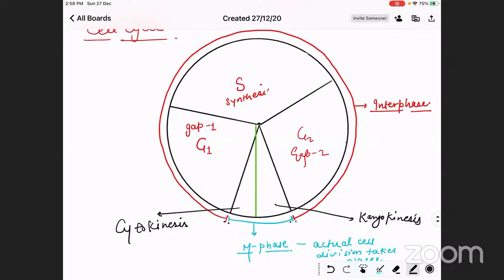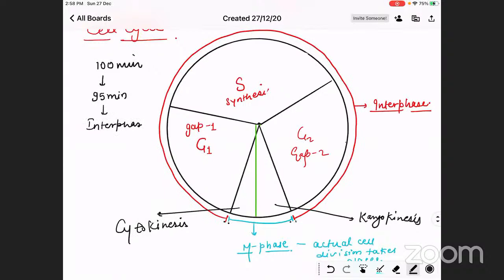Now, the most important thing: the interphase is the longest phase. Say a cell divides in 100 minutes, then 95 minutes are taken up by the interphase.